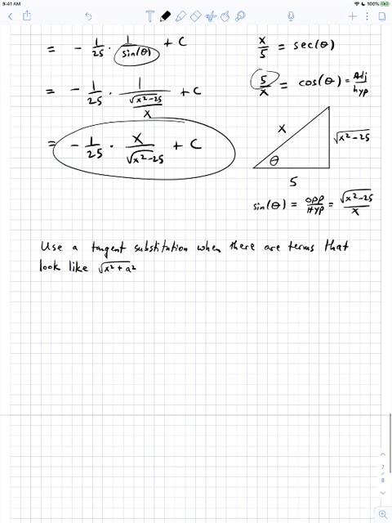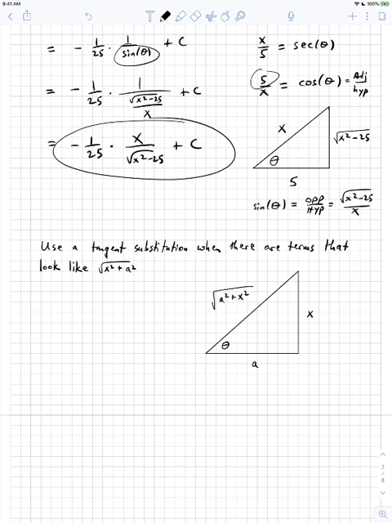So what do I mean when I say something like that? Well, we're imagining that we have a right triangle again, and this is our angle theta. And in this case, we have an a here and an x here, and now this is the square root of a squared plus x squared, or x squared plus a squared.